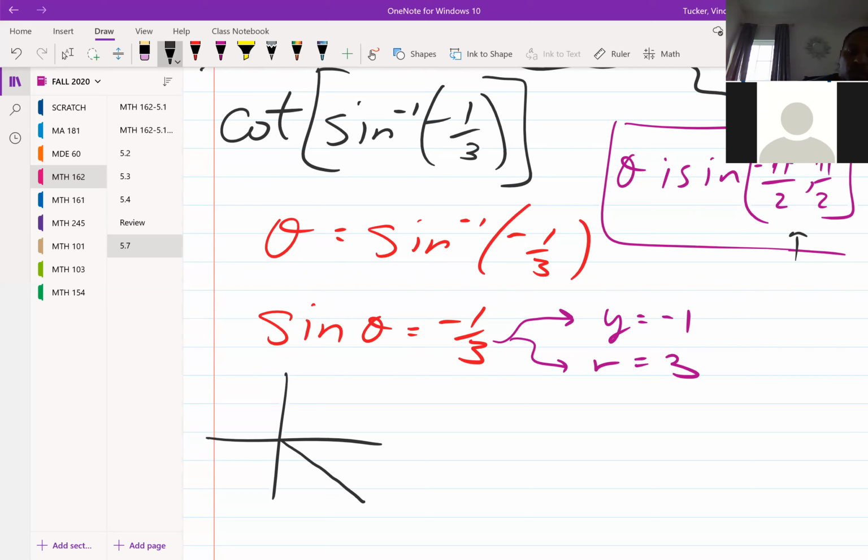So r is 3, y is negative 1, and we need to figure out what x is.